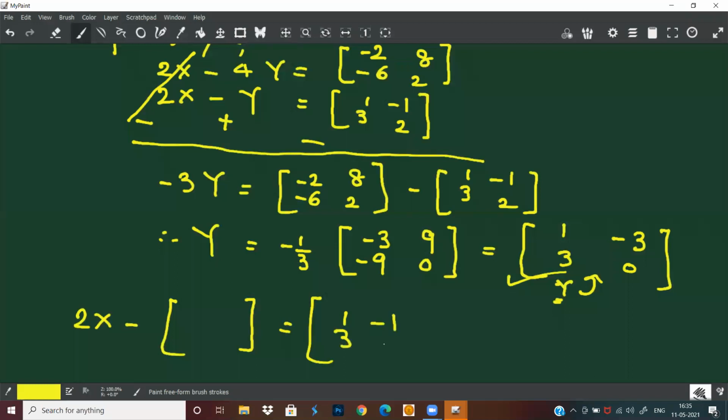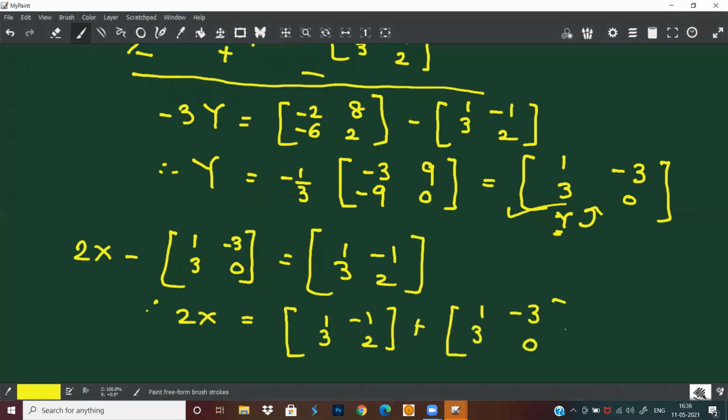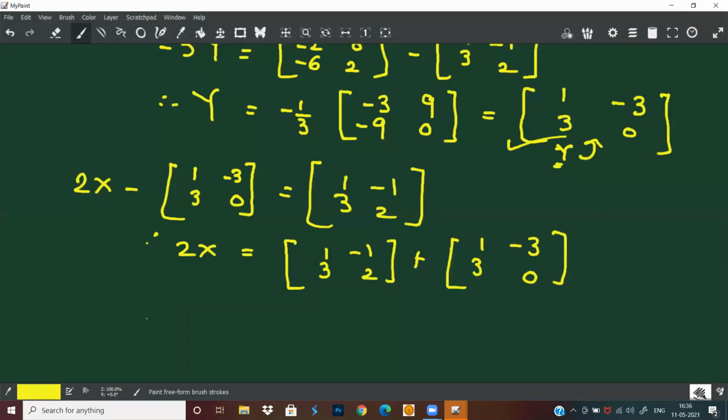Our y has come as 1, minus 3, 3 and 0. This will be plus. This comes 2, this comes minus 4, this comes 6, this comes 2.